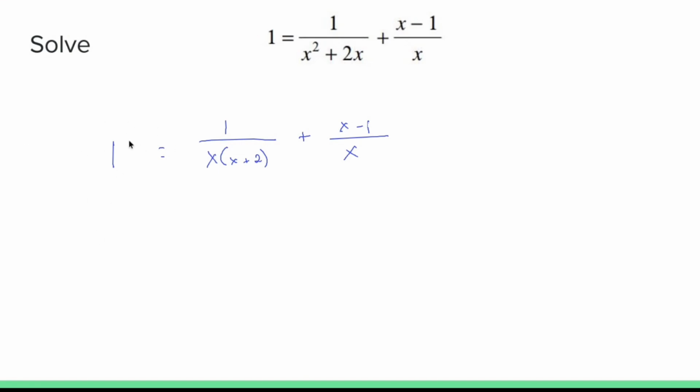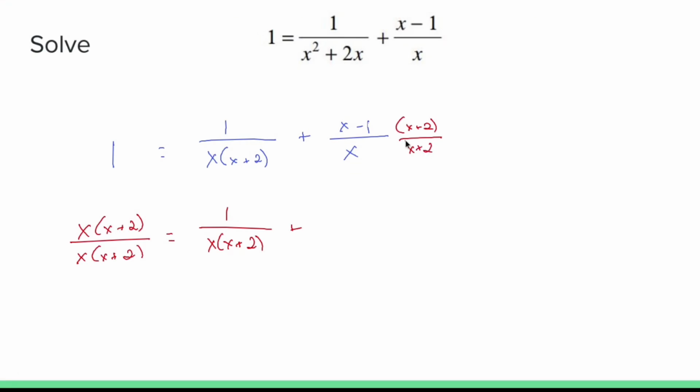What I can do is make this 1 into x plus 2 over x plus 2 to match that guy right there. I'm going to keep this one that way, x plus 2. And I'm going to multiply this guy by x plus 2 over x plus 2. That way, this will now be x times x plus 2.